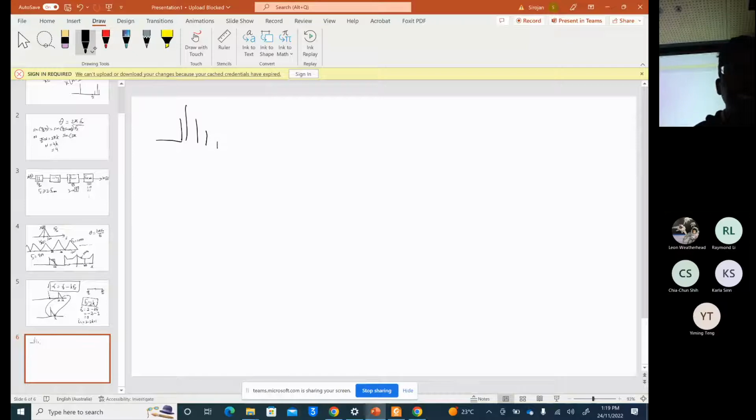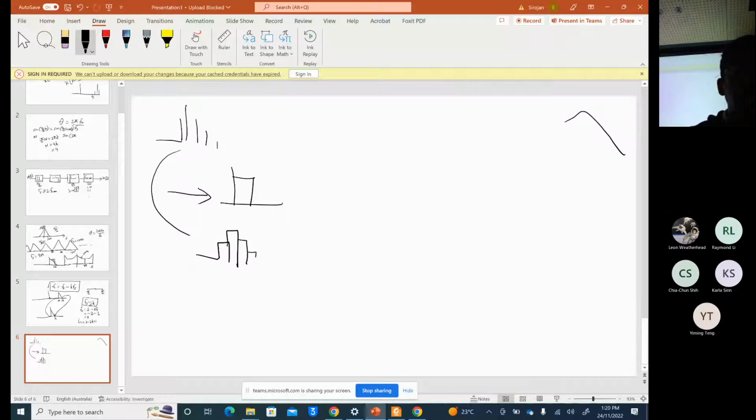Then finally you have to get the analog signal. Okay, how do we get that one? The first thing we have to do is pass it through a D2A converter. What the D2A converter does is convert with the pulse. It does a convolution with the pulse. So what happens to this one is it becomes kind of a staircase function.